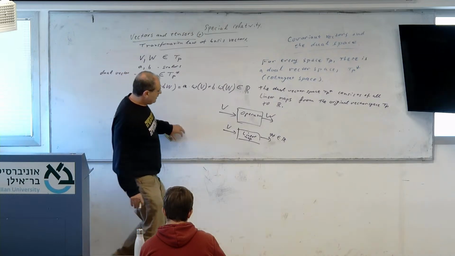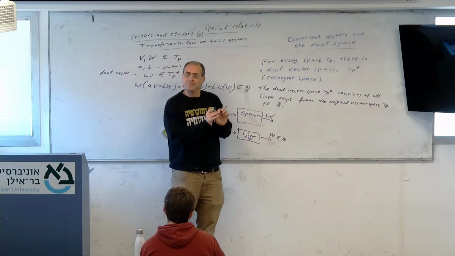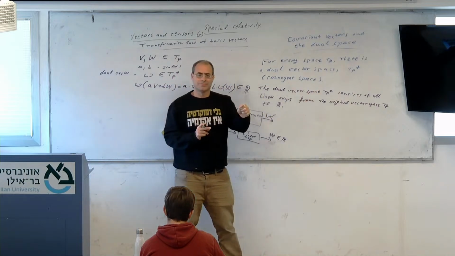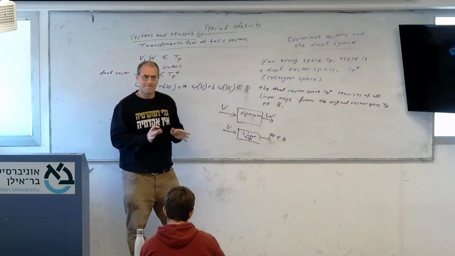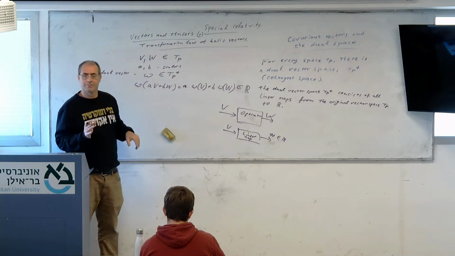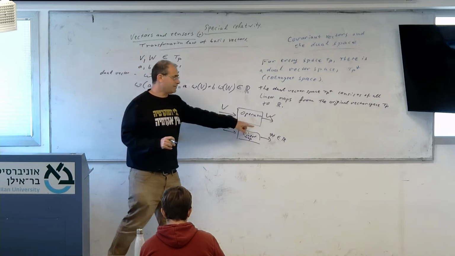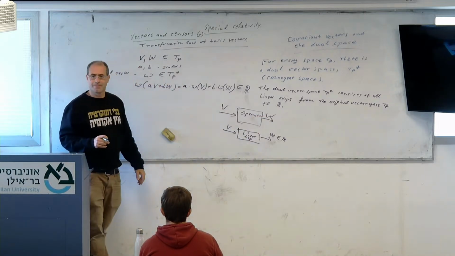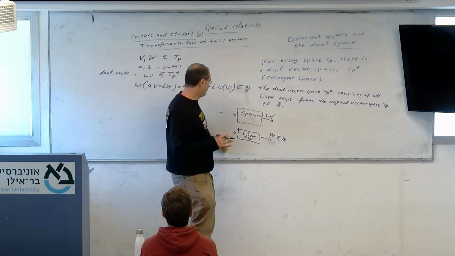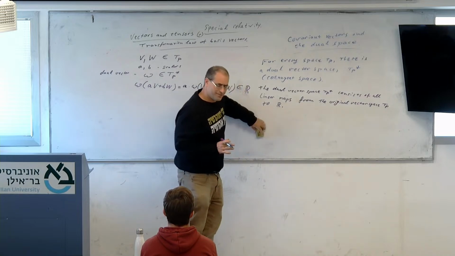So inside here, there is a monster that takes a vector and gives me back, in return, a number, and it does so in a linear way. I get two vectors, I add them, I get something which is the addition of them. I don't know why you're not happy.